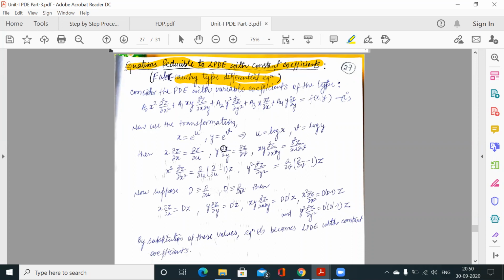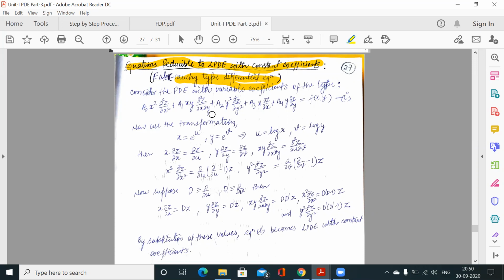So the equation was of this type: with the first order derivative, x was in multiplication, with the second order derivative x square was in the coefficient, and with the third order derivative x cube was the coefficient.